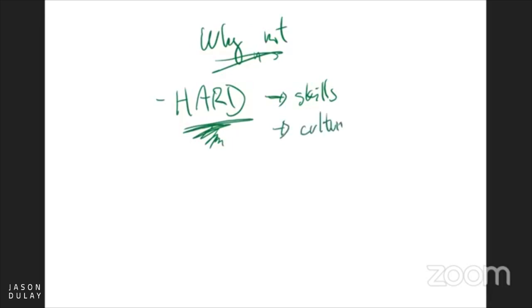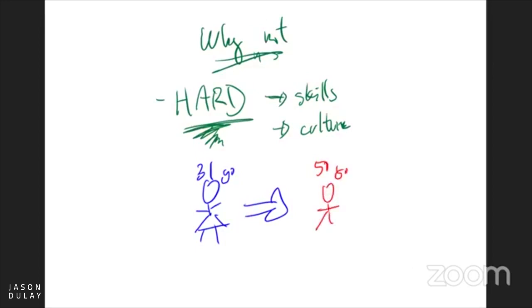If you can't connect culturally with your audience, for example, if you're a female and let's say you're 31 years old, but you're trying to write for an audience that is 50-year-old or 60-year-old males, you're going to have trouble connecting with them unless you really understand the 60-year-old male population. So this is one of the biggest barriers in email copywriting.